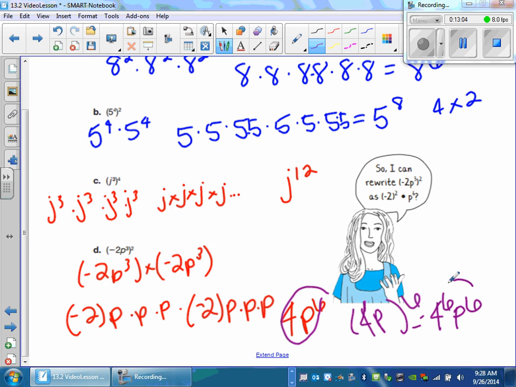And this answer is very different from this answer over here. So be careful and cautious when you're going through these types of problems where parentheses belong and where they do not belong, because it can definitely change your problem very quickly.